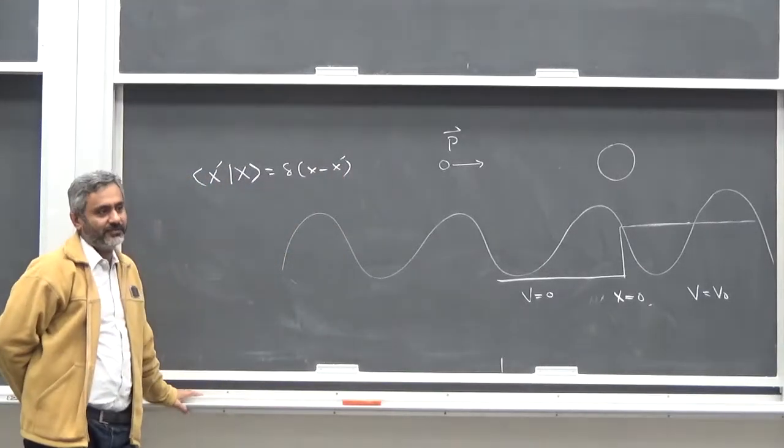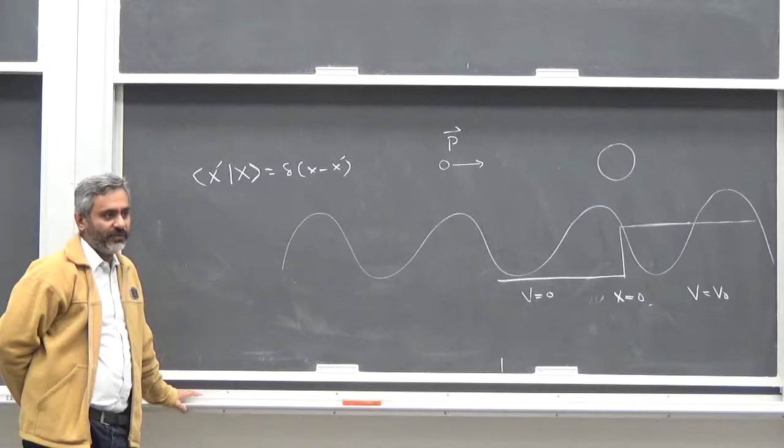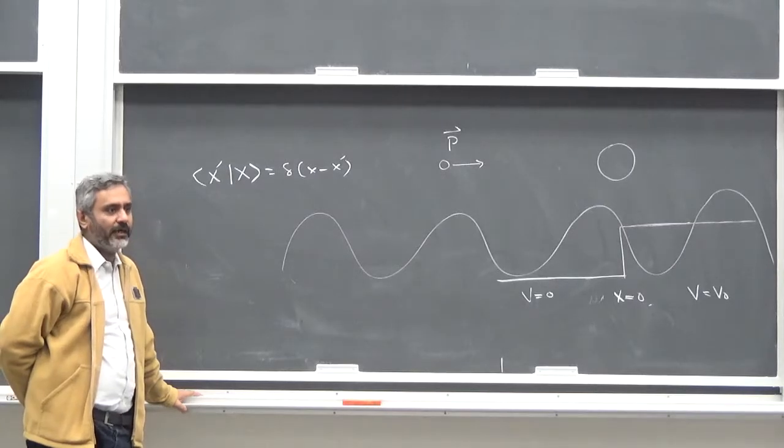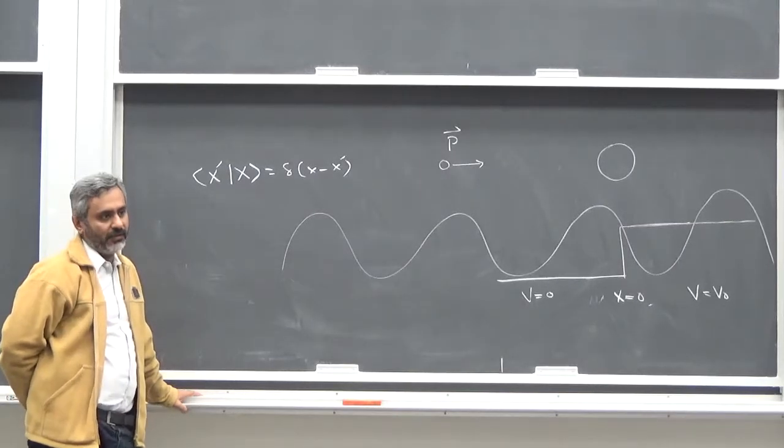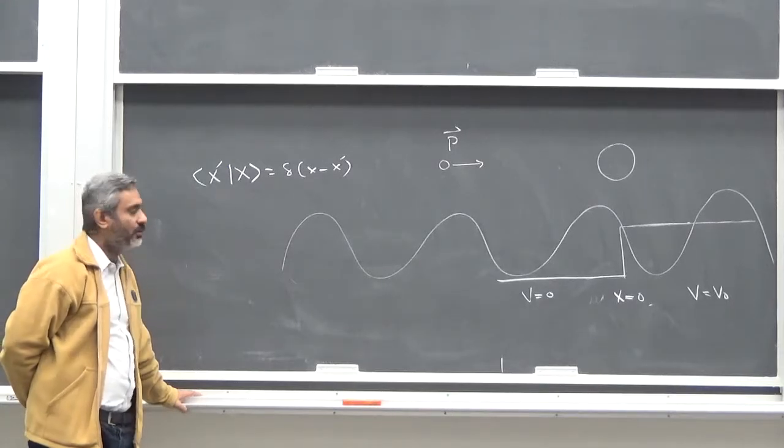It's a delta function. And a delta function can be modeled as a Gaussian of almost zero width.